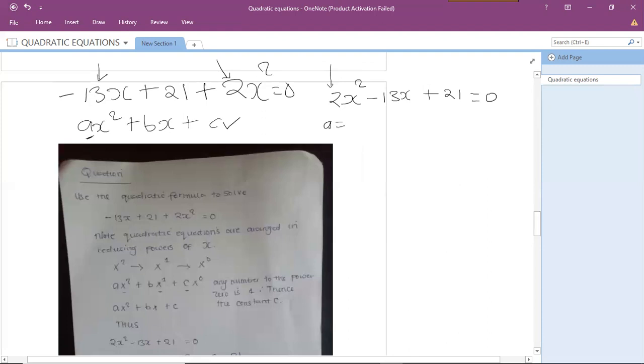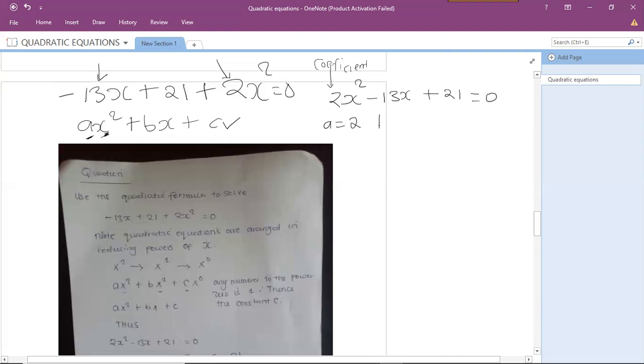The coefficient is 2. So A is equal to 2. Why am I saying A is equal to 2? Because A is the coefficient on x squared.